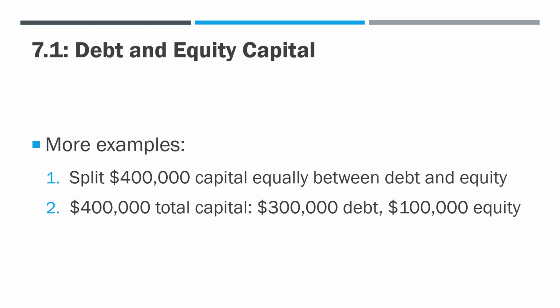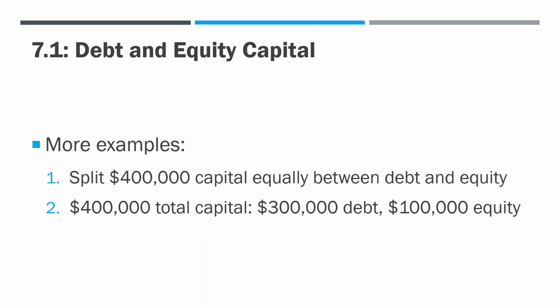How would that change the return on equity from the example prior, where our $400,000 in capital was entirely equity-based? So that's example 1. Example 2, what if we have kind of a 3-to-1 ratio of debt to equity capital? How would that differ from the $400,000 consisting of strictly equity capital?